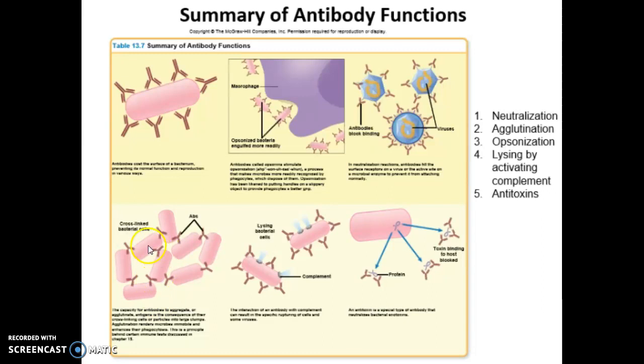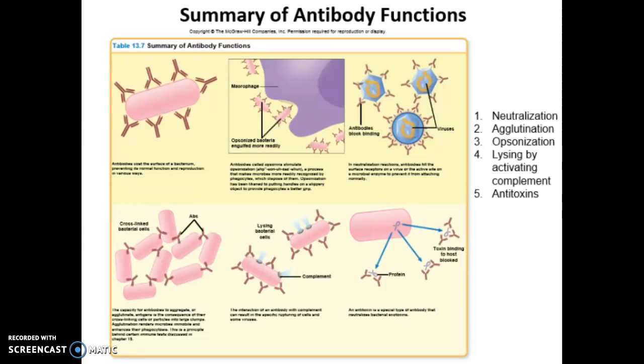Then you have this antibody binding these 2 cells together, and this one, these 2 cells. So you get this clumping. That clumping helps to keep the bacteria from spreading. It can also, in a way, inhibit or impede the process of binary fission, all right, growth of the bacteria.